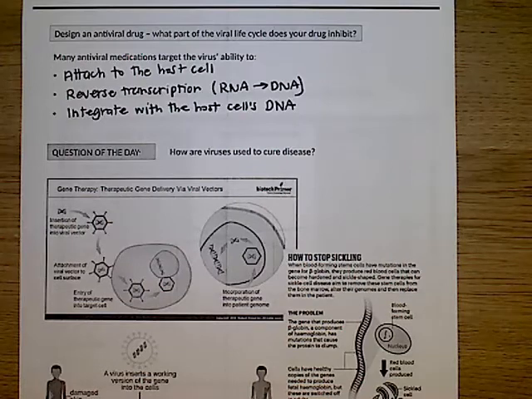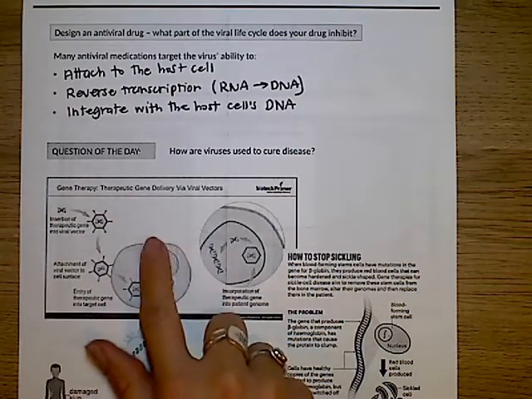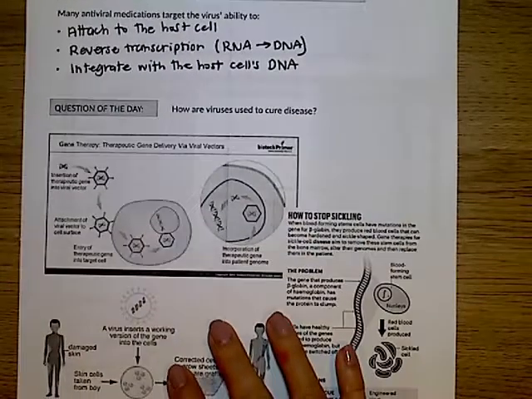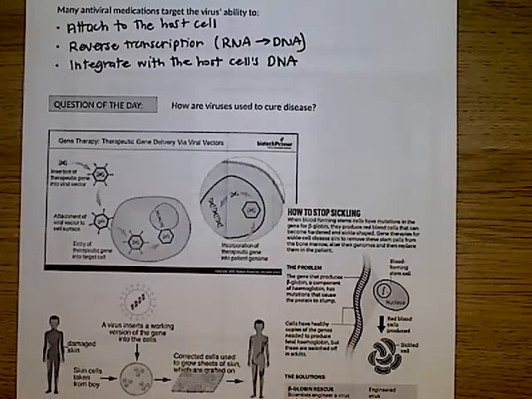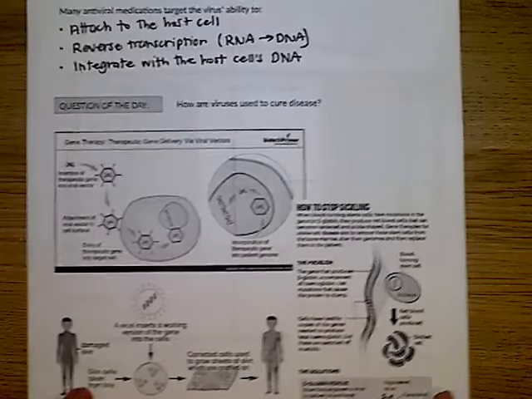So, question of the day, how are viruses used to cure disease? So there are two examples you need to know. And this picture right here is just a general idea of how gene therapy works via viral vectors is what they're called.